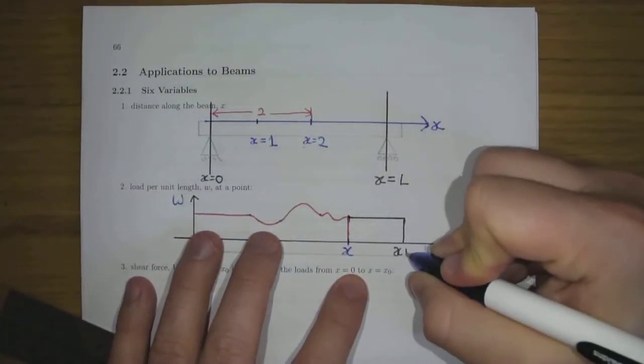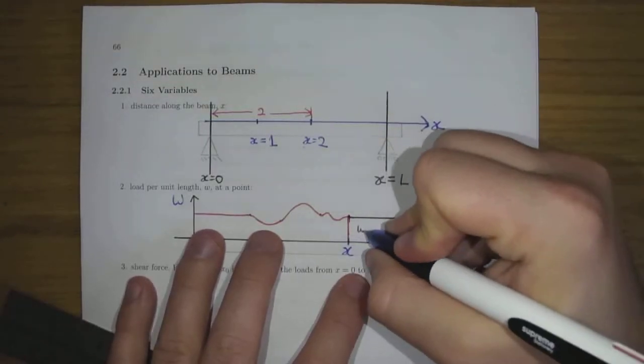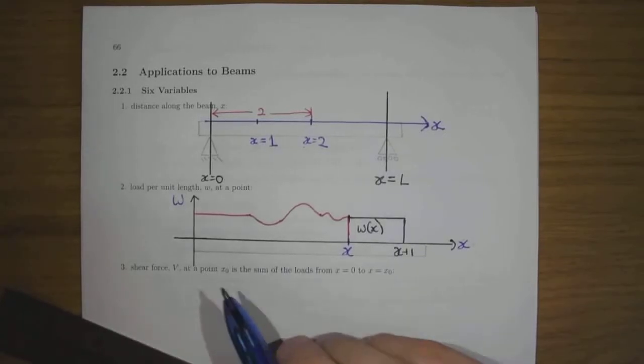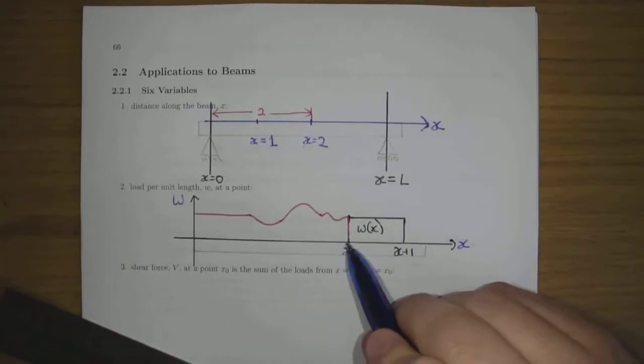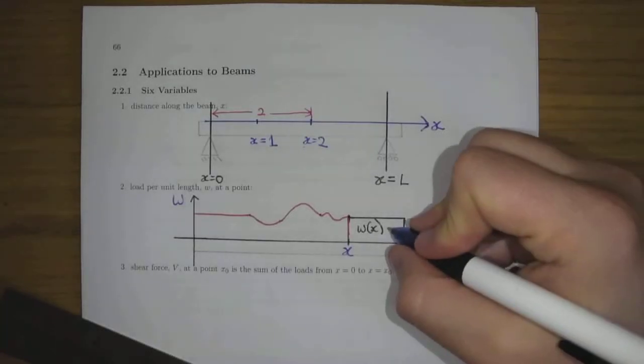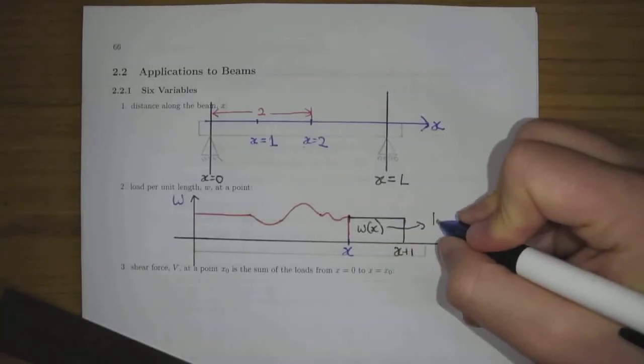So this would become x plus 1. Then this is the load per unit length at x. Okay, the way you want to think about it is kilonewtons per meter. So this is over 1 meter, and this is the load in kilonewtons.